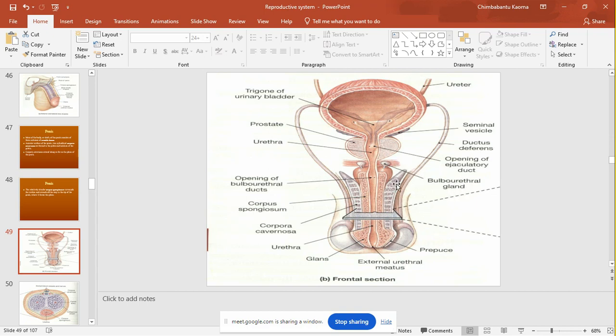So you can see that this is our corpus spongiosum. We've got our corpora in blue, corpora cavernosa, which are the two cylindrical erectile tissues. And we've got this singular erectile tissue, which is known as the corpus spongiosum and surrounds the urethra.